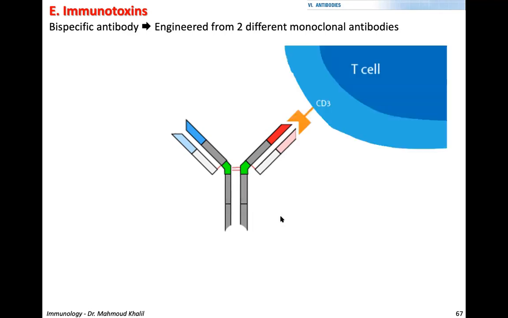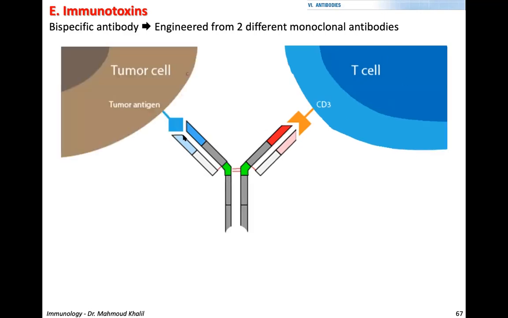Initially, this antibody will have an epitope antigen recognition site that will recognize CD3, which usually is displayed over the T cell. And it will have the other epitope identification site for identification of the tumor antigen on tumor cells.